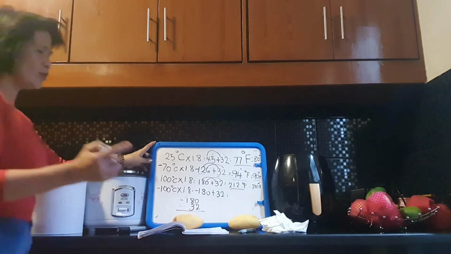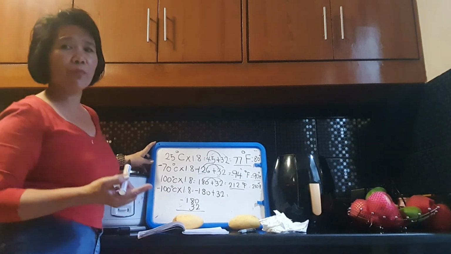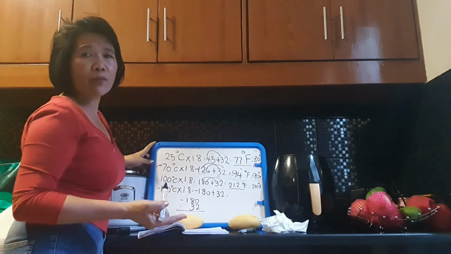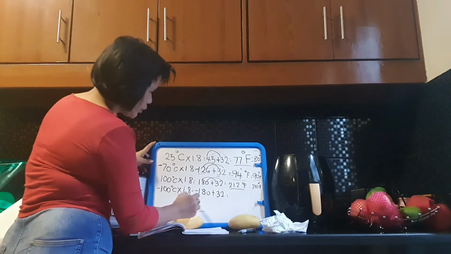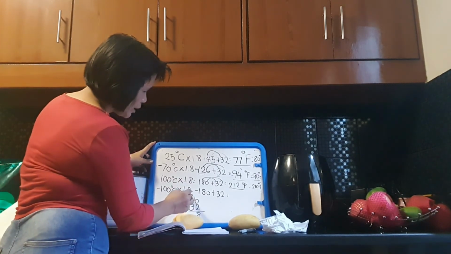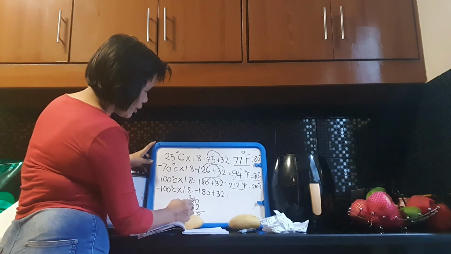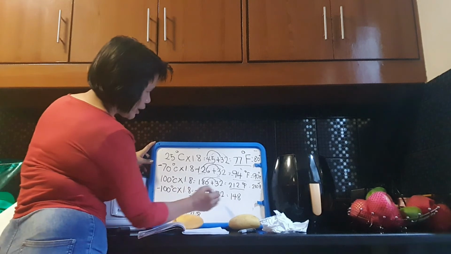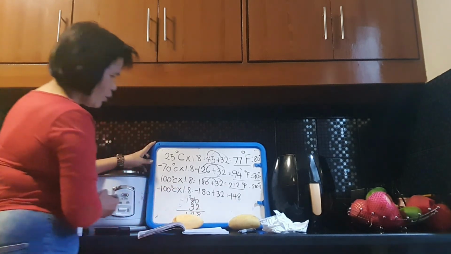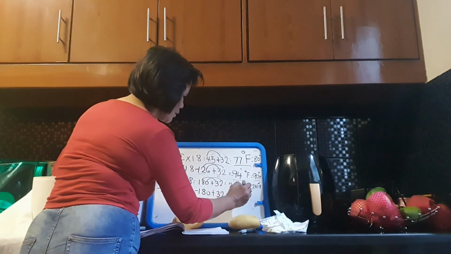Okay, so 0 minus 2, that cannot be, so you have to borrow from 8. So, 8 will become 7. Okay? So, 10 minus 2, that is now 8. So, 7 minus 3 is 4. And then, this is now 148. Dahil ito ay negative, so this would be negative 148 degrees Fahrenheit.